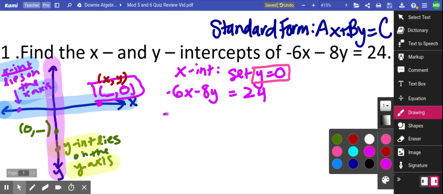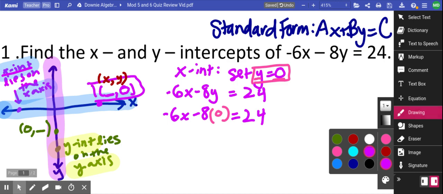So I'm going to rewrite my equation, negative 6x minus 8. The only thing I change is my y here. I know that y is 0. And I'm rewriting the rest of my equation. Now that we have our equation, we're going to simplify just a little bit.